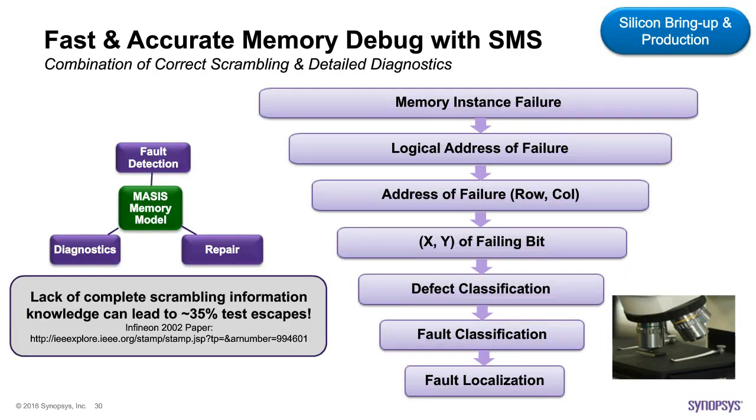And that is in multiple levels. That is zooming from finding which memory has failed, to which logic address was the failure at, to which physical address, which rows and columns identify that failing point, the XY coordinates of the failing bit, to the defect classification of those, what kind of fault has happened, and localization.